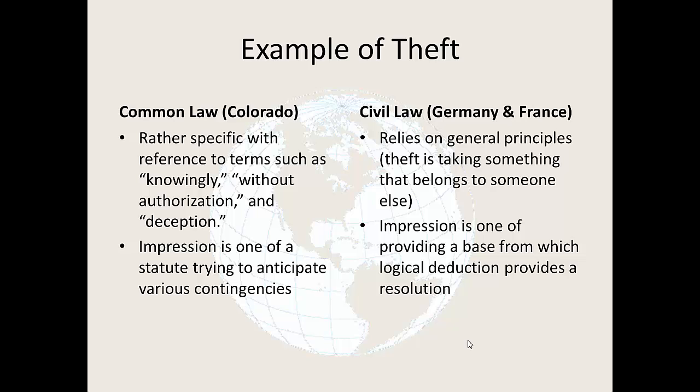In fact, we're going to find that this becomes a very interesting way to distinguish between adversarial and inquisitorial systems and common law and civil law, because the inquisitorial judge has a bit more power and influence in terms of the way the trial proceeds and isn't tied in so much to custom and to precedent.